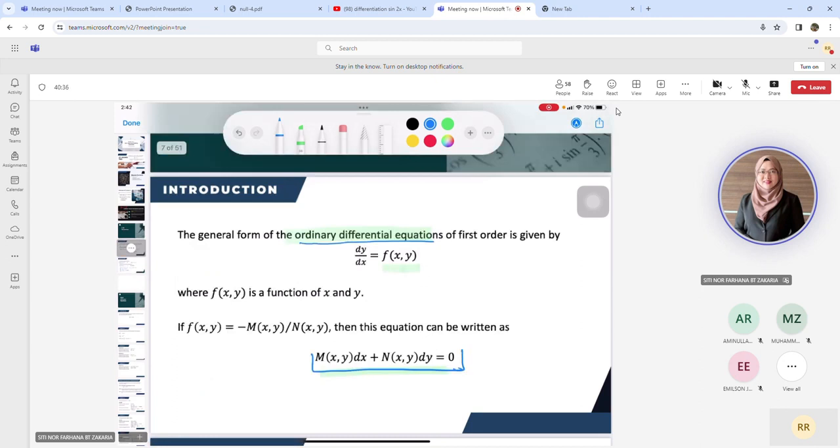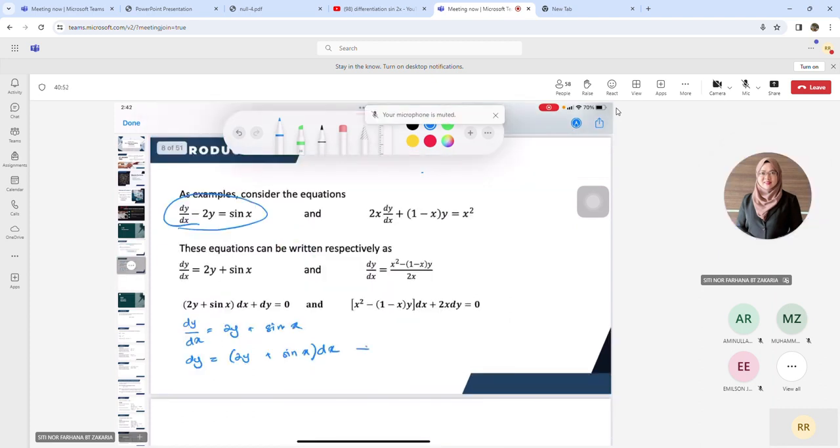So this definition says that f(x) equals negative M over N. So we must rewrite it into this form. Then we can rearrange it back.